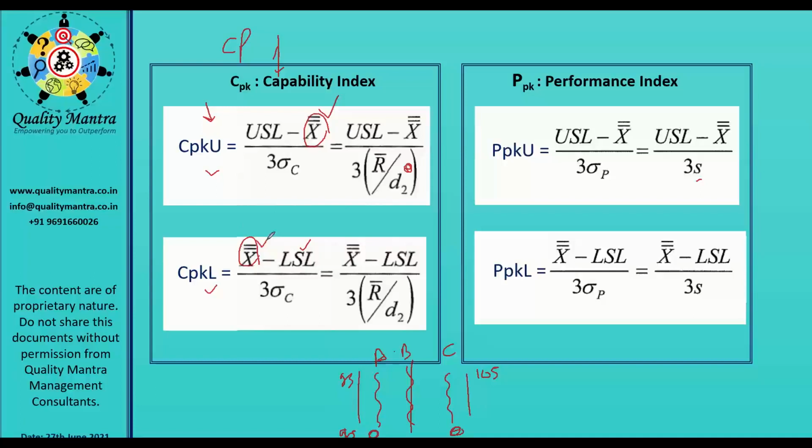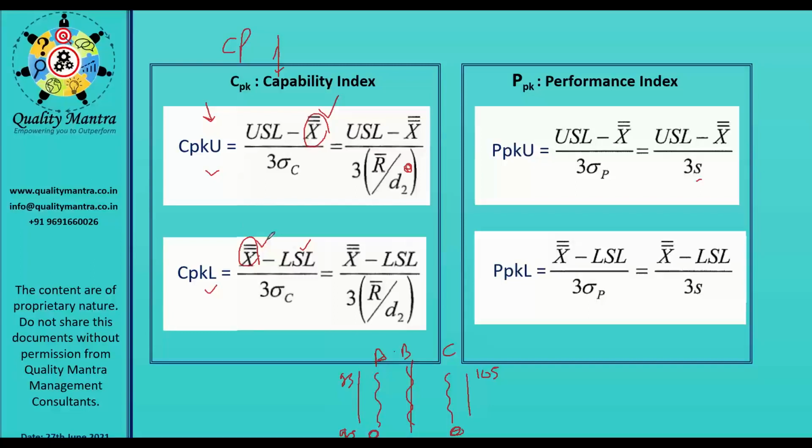We have half the value of the multiplier in the denominator. So what multiplier was there in the denominator? 6 into sigma c. Right now we are using 3. So 3 into sigma c, whereas there was 6 sigma c. Okay, that is the difference.